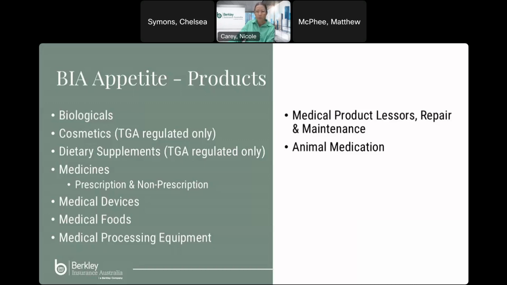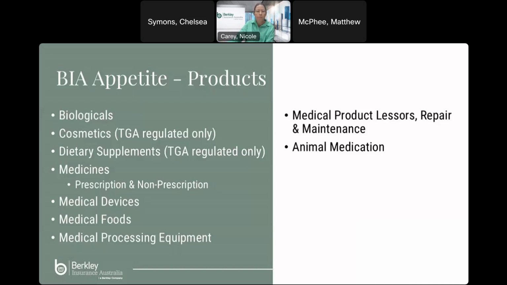The next one we've got there is dietary supplements, and these are a little bit similar to cosmetics. Some dietary supplements are just classed as food. They don't have any therapeutic claims to them, so they're not actually regulated by the TGA. Those sorts of supplements we wouldn't be looking to cover under the life sciences policy, but where they are deemed to be a therapeutic good, they would fit within our appetite for the life sciences policy.